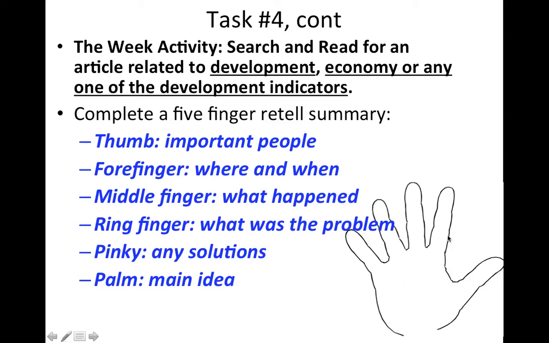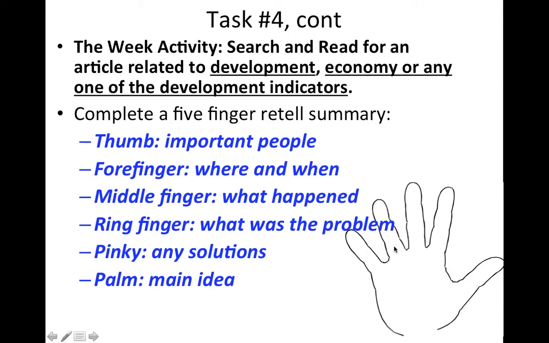In the middle finger, you're going to write down what happened. And your ring finger, you're going to write down what was the problem, the conflict, the important things that we should know about this particular topic. And in the pinky, write down any solutions. Now, if in the article they don't present any solutions, you should brainstorm and think of solutions to the problem.